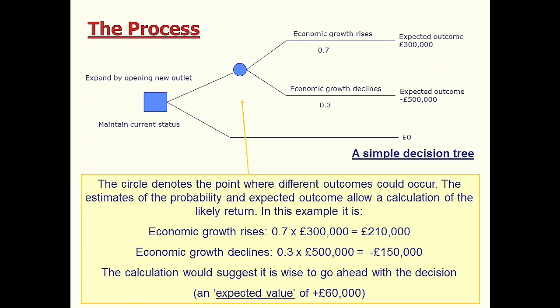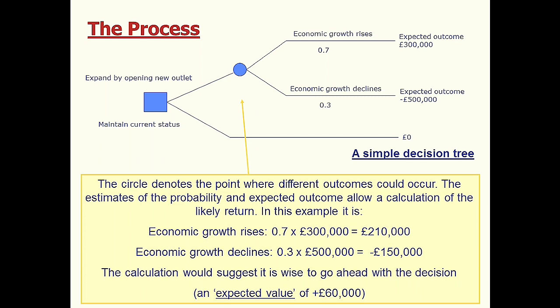The estimates of the probability and expected outcome allow a calculation of the likely return. So in this example, if the economy increases and the business has opened up a new outlet, 0.7 multiplied by 300,000, the expected outcome is 210,000.